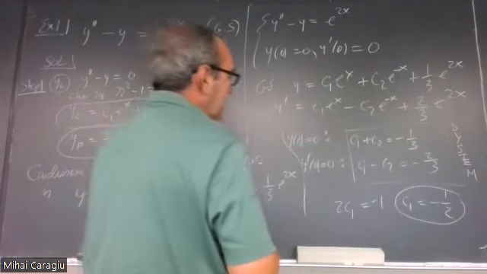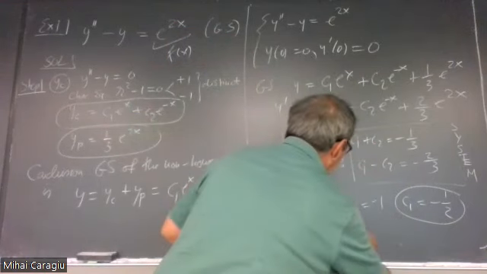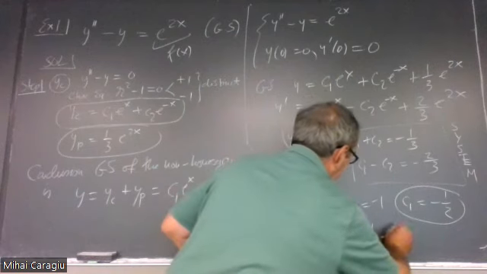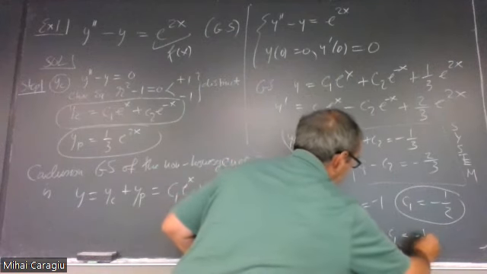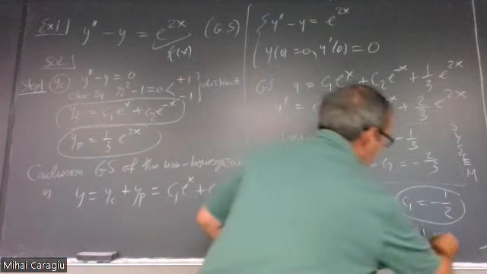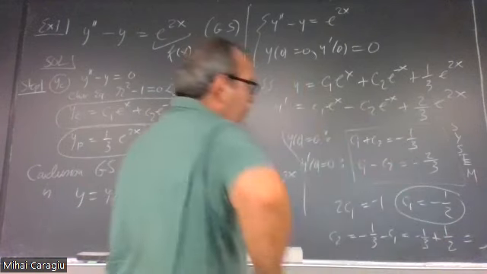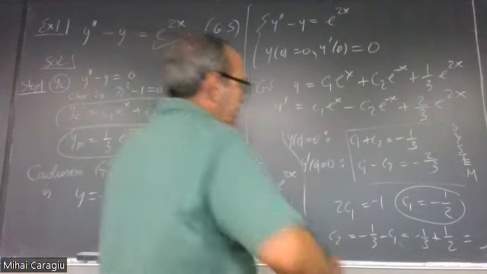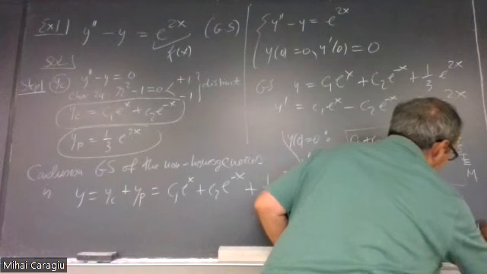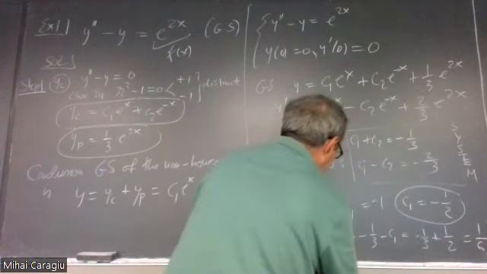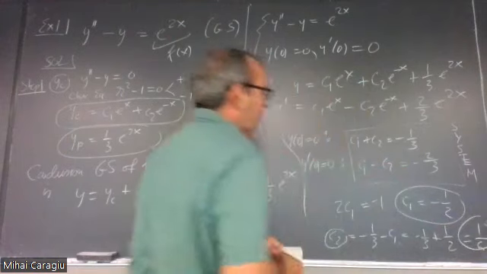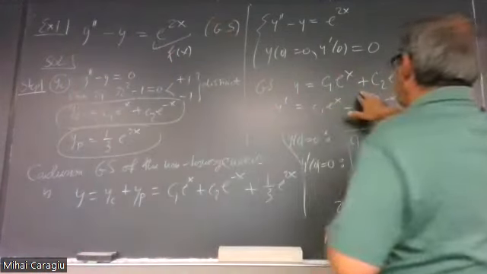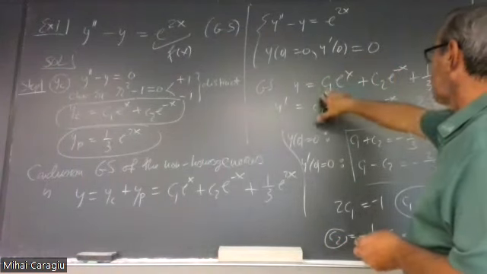Since c1 is minus 1/2, c2 will be minus 1/3 minus c1, which equals minus 1/3 plus 1/2. 1/2 minus 1/3 is 3/6 minus 2/6, which is 1/6. So c2 equals 1/6, and c1 equals minus 1/2. So we got the solution of the initial value problem now that we know c1 and c2.